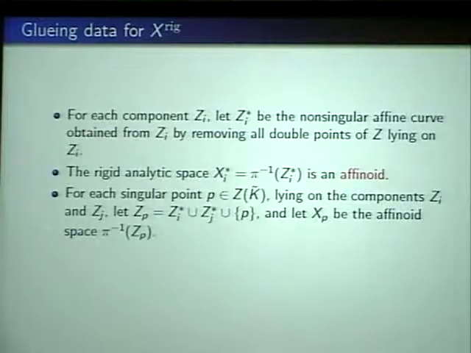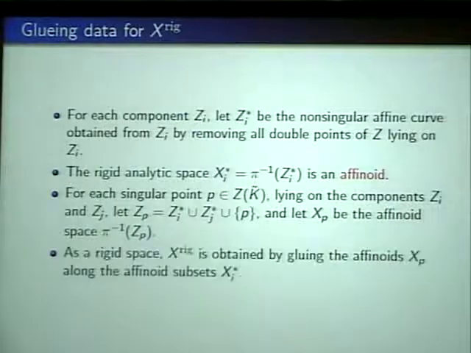I'm just going to try to describe how you can visualize a curve by gluing together affinoids that somehow depend just on the reduction graph, or are sort of dictated to you by the reduction graph. So what you're doing is you're gluing the affinoids X sub P, which are parametrized by the singular points on the special fiber, along these affinoid subsets Xi star.